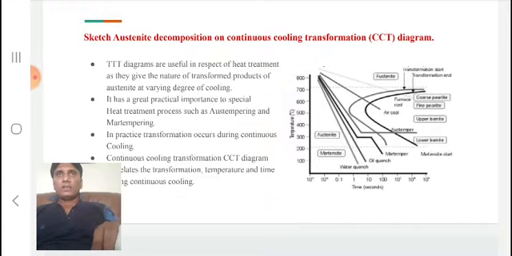So in that we discussed how the austenite decomposed. But in this particular video we will be discussing how the austenite decomposes into various microstructures like pearlite or upper bainite or lower bainite based on the continuous cooling curve.